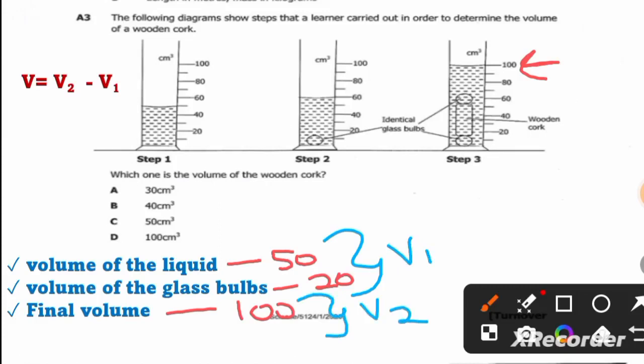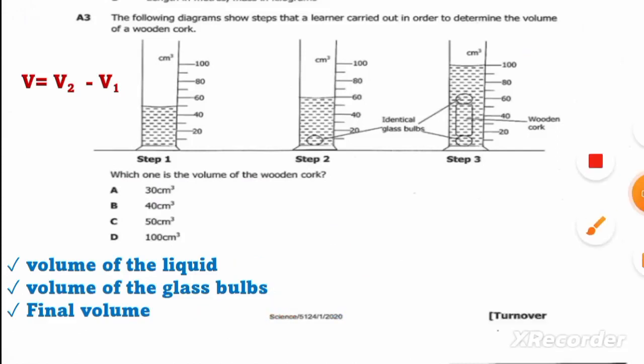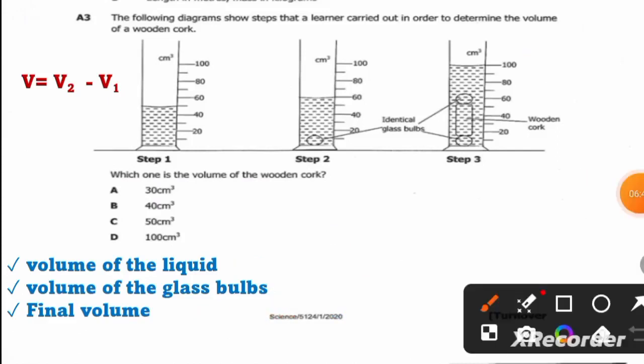What are we going to do next? We are going to say 50 plus 20. We are going to get 70. So to find the volume, where there is volume 2, we are going to write 100 cubic centimeters.